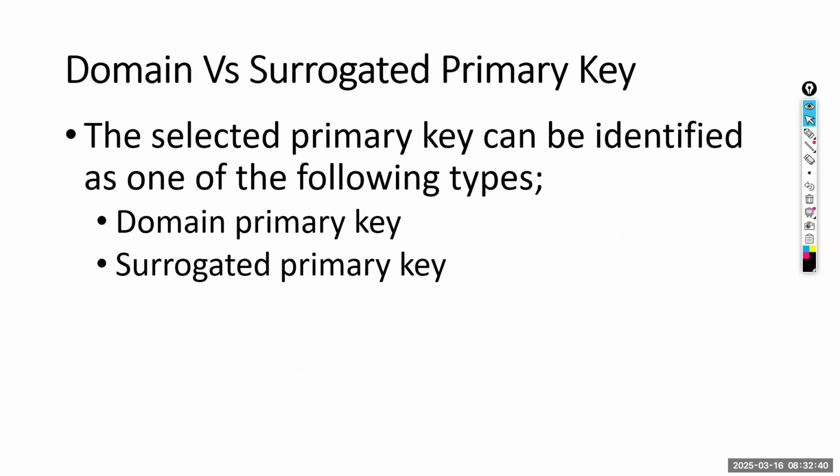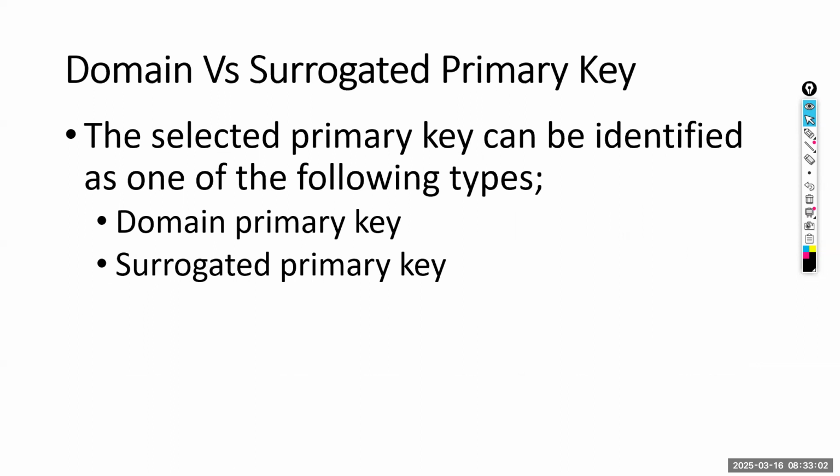Right. So the final classification is domain key versus surrogated key. Domain primary key means it has some business meaning. Your selected primary key has a meaning other than uniquely identifying a record. That means in the business or any other domain, it has certain meaning.